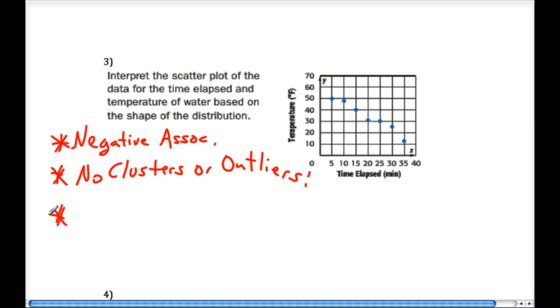Jack Muir. It's basically linear. It doesn't do a dramatic change. It's not a curve. It's pretty linear. So those are the three things I wrote down about this data. It's a negative association. There's no clusters or outliers, and it's linear. So that means it's cooling off at a steady rate. It's got a steady slope. Yeah, there's that word again, slope.